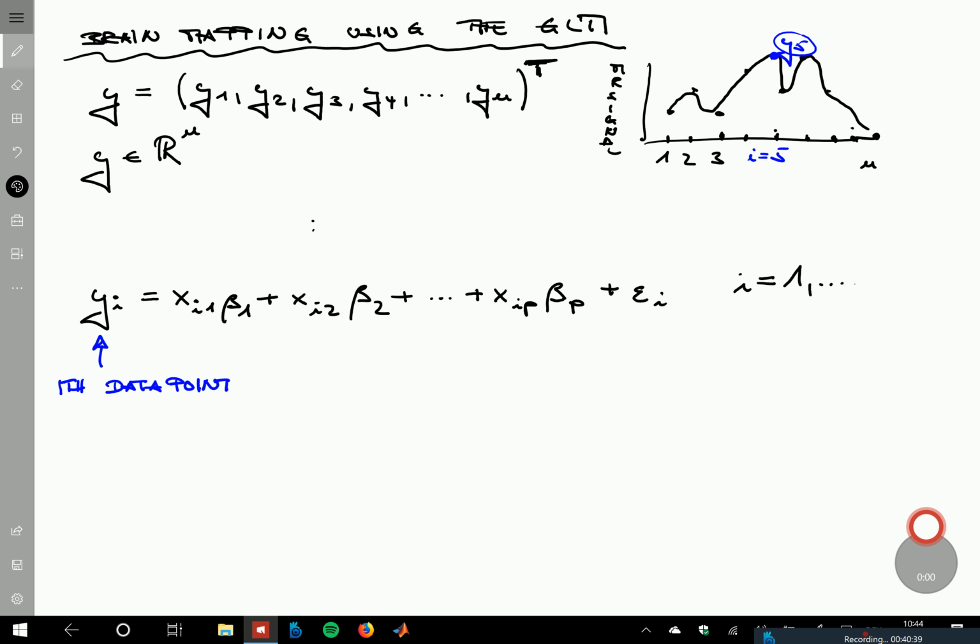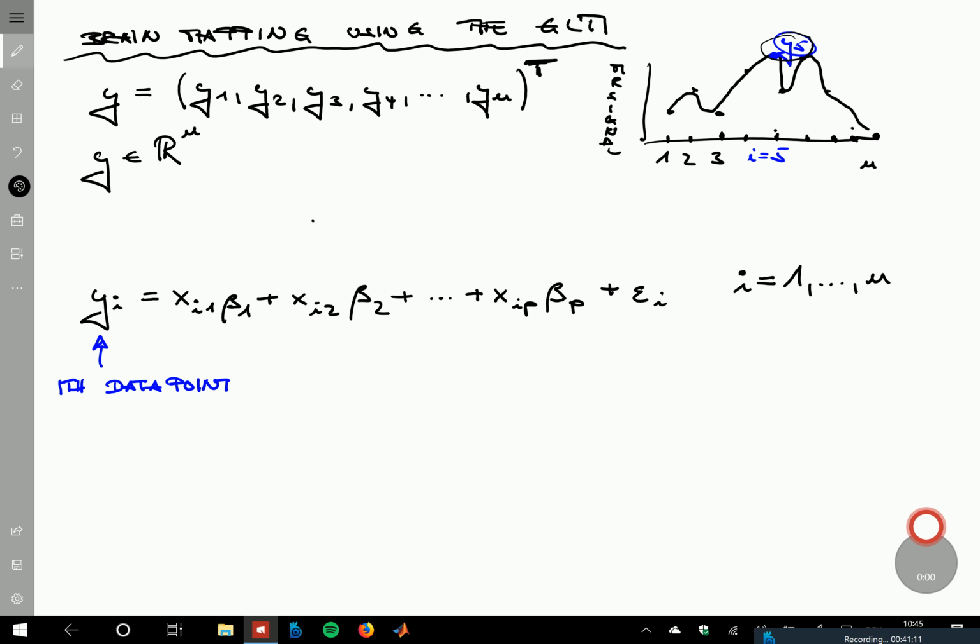This is also why I always struggle with 0 to n minus 1, because I'm a MATLAB person. Indices run from 1 to something. So this equation describes the model for one of these data points, not for all data points, just one. But the model, in its structural form, not in its actual values, is the same for all data points.